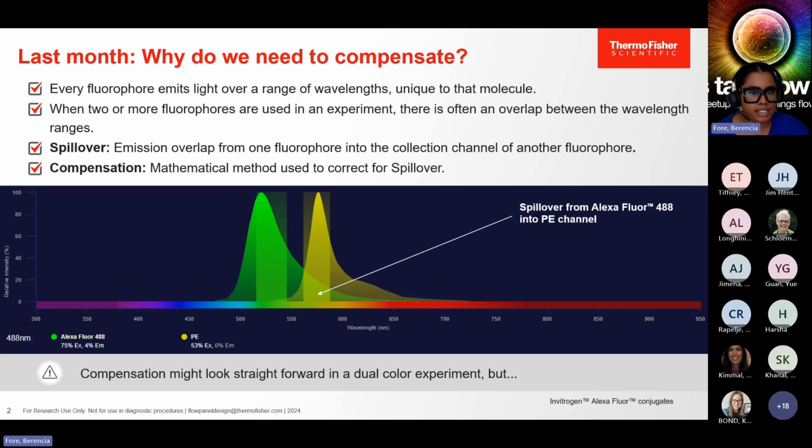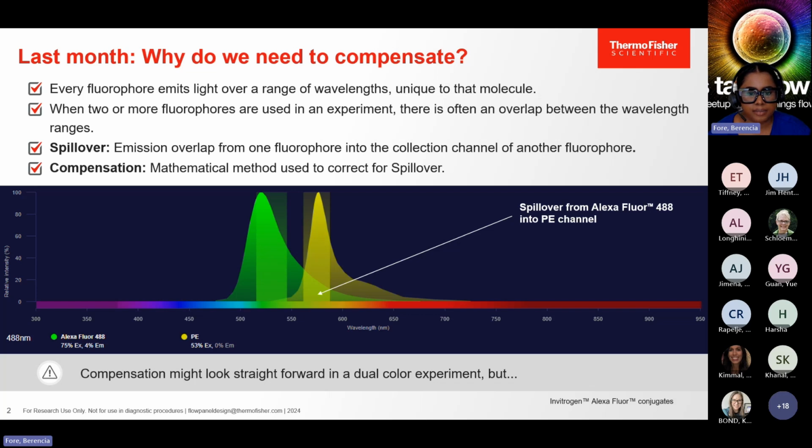For example, let's consider PE and Alexa Fluor 488. If you're working on an instrument that only has a blue laser, Alexa Fluor 488 is typically detected in the B1 detector, so the first detector off the blue, represented in the green shaded area, while PE would be detected in the B2 detector in the yellow shaded area.